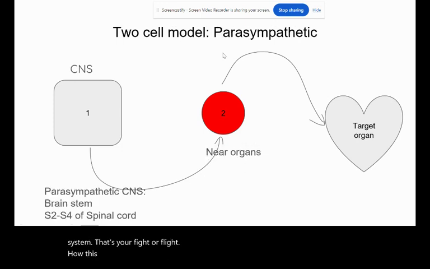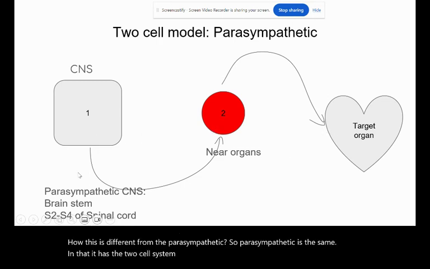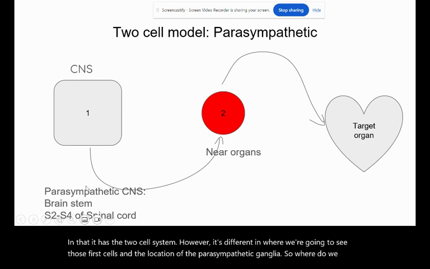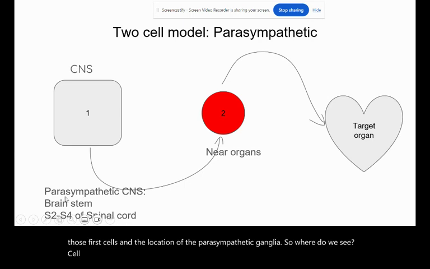How is this different from the parasympathetic? So parasympathetic is the same in that it has the two-cell system. However, it's different in where we're going to see those first cells and the location of the parasympathetic ganglia. So where do we see cell 1 for parasympathetic?